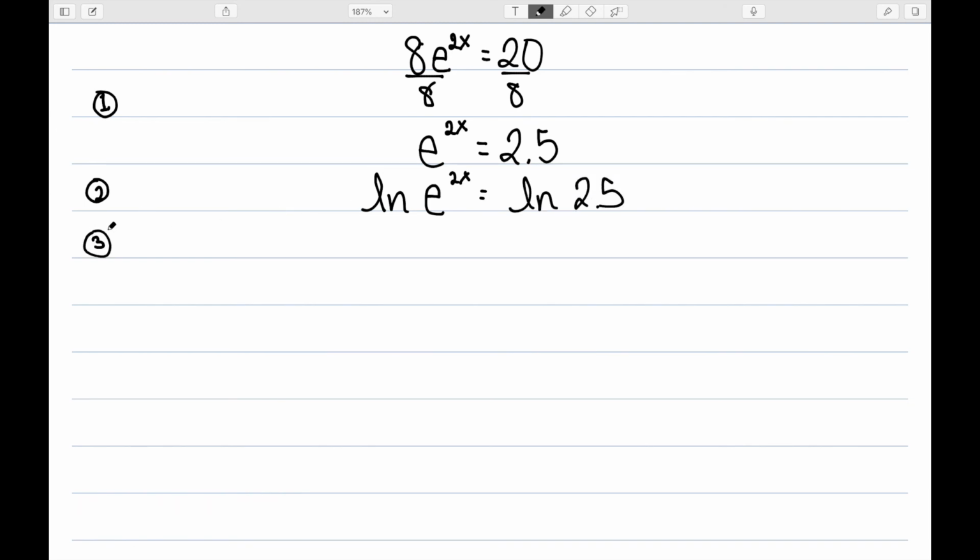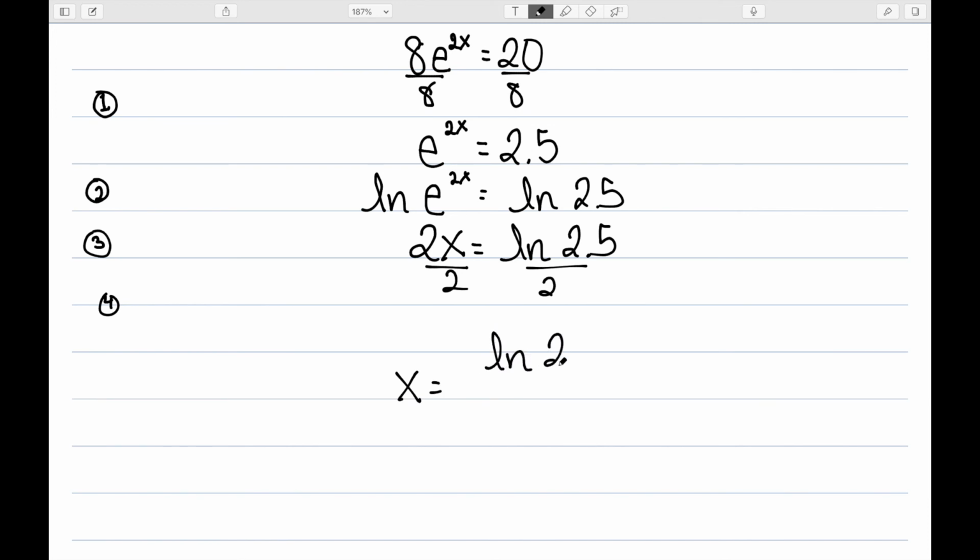An ln and an e are inverses of one another, so they cancel each other out, and we're left with 2x equal to ln of 2.5. We could divide by 2 as I'm solving. We get x equal to ln of 2.5 divided by 2.